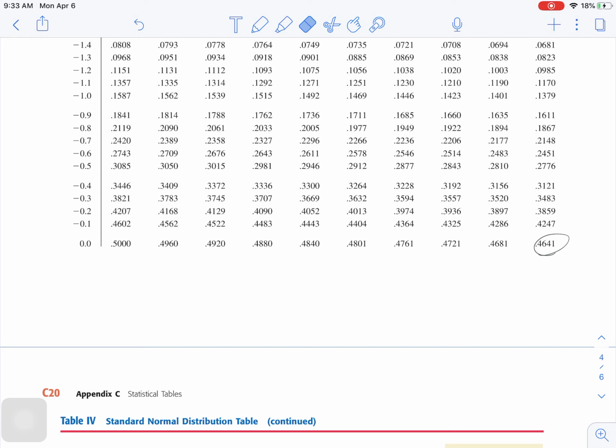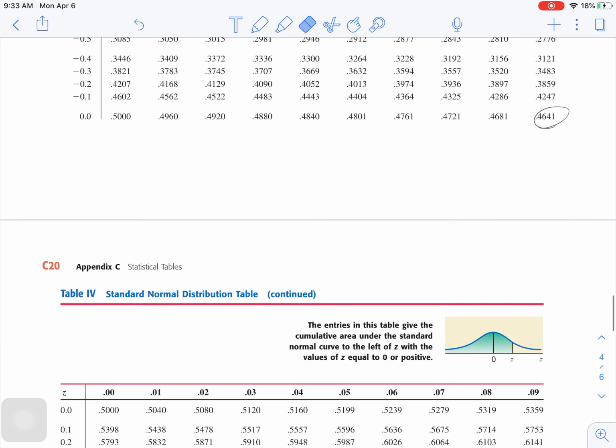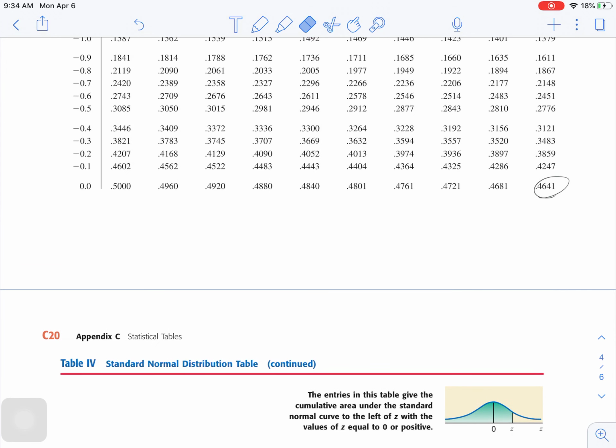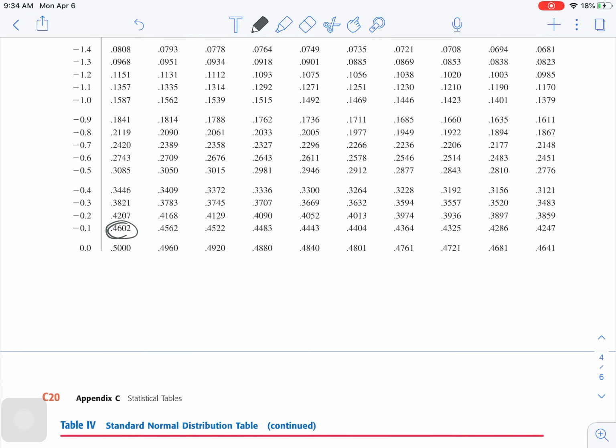It looks like the closest I'm going to get is this value here. Wait, is that true? Oh, no, just kidding. I can get a little closer here. Wonderful. Okay, so I think this is the closest I'm going to get.